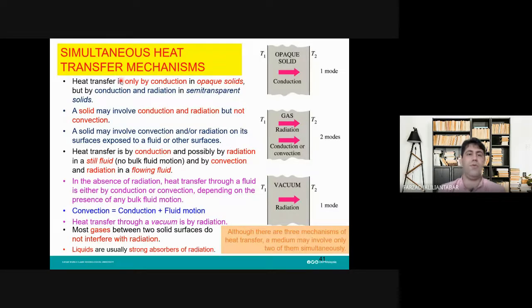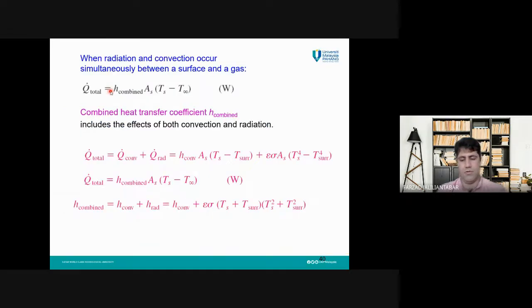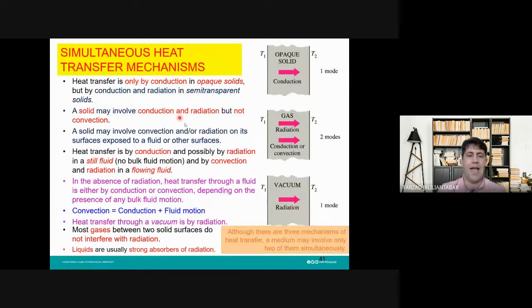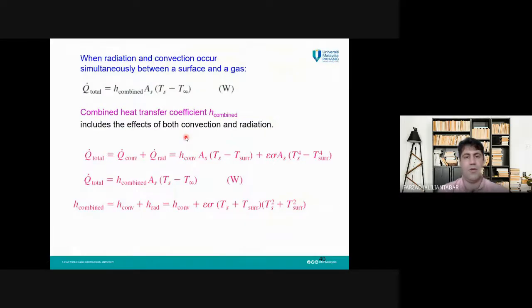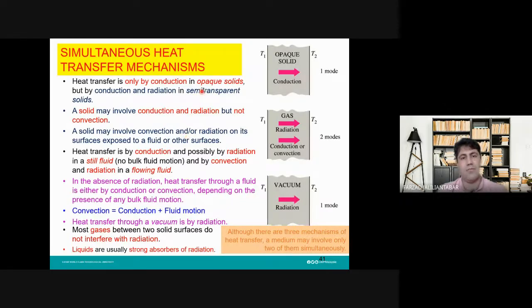And also, as you can see here, we can have simultaneous heat transfer. Here in this example, you have seen that we can have convection and radiation together. We have some combination for the other type of the heat transfer, which is actually the topic for the next session, which is this afternoon.